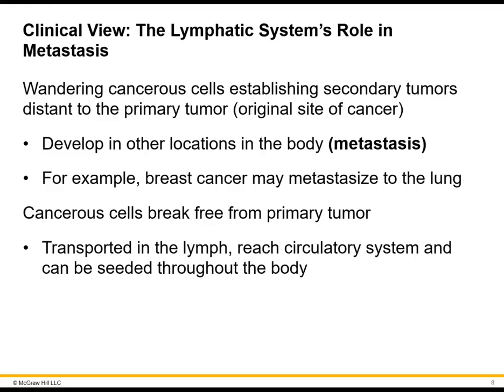For example, breast cancer, a cancer that occurs initially in the breast, can metastasize or move to the lung. What happens is cancerous cells are going to break free from that primary tumor, and they're going to be transported in the lymph. And from there, they can reach the circulatory system and can be seeded throughout the body.